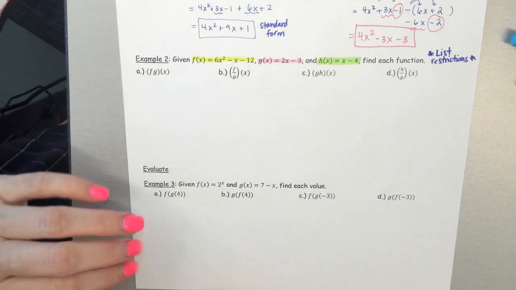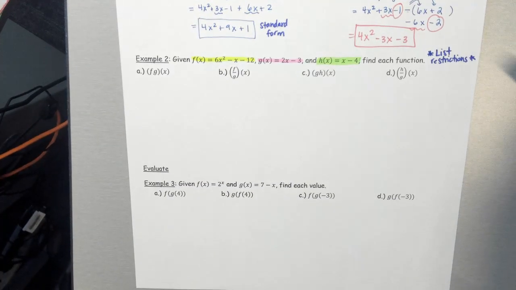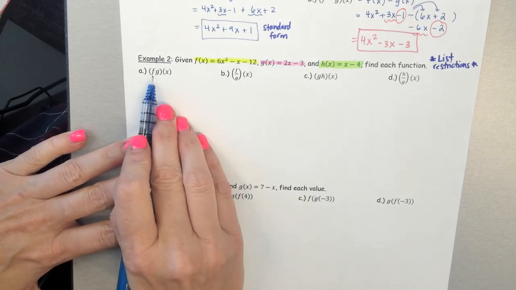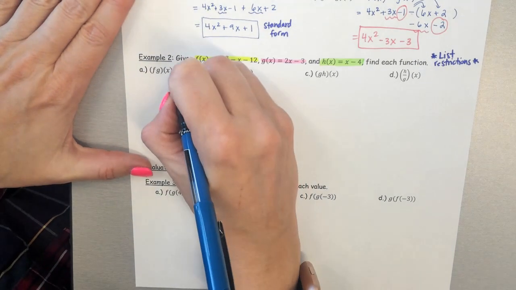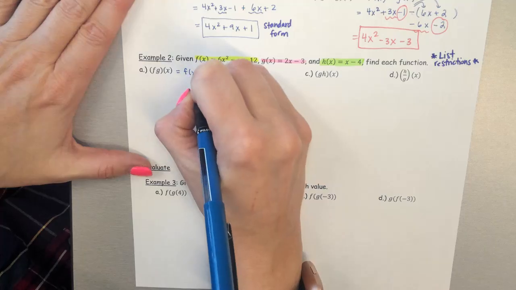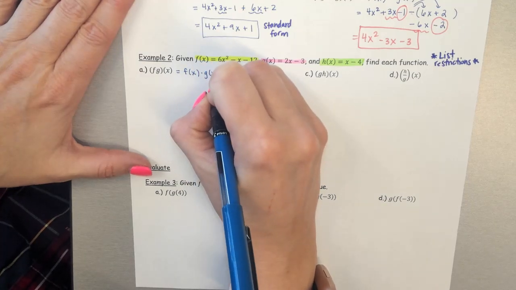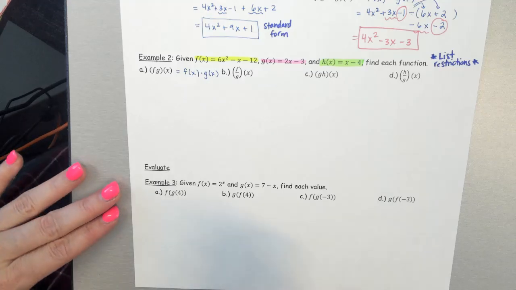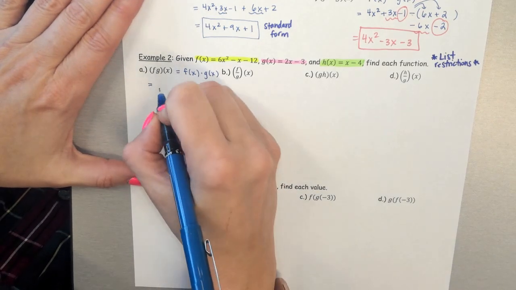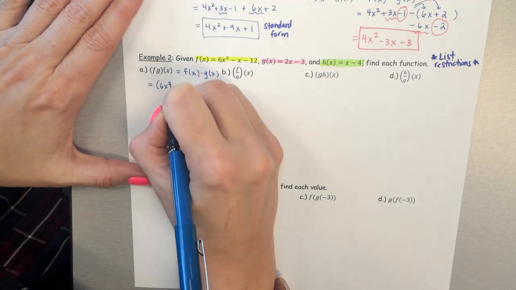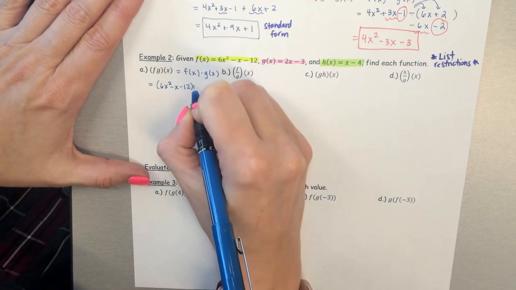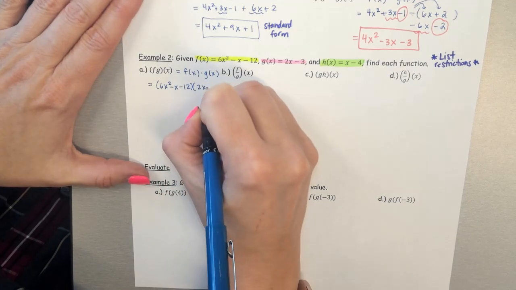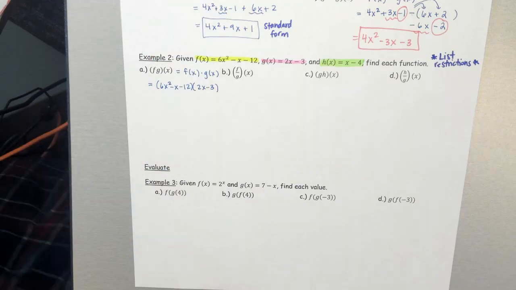For the first one, fg just means you are going to multiply them together, so f of x times g of x. For this one, your f of x is a trinomial, g of x is a binomial, so you are going to have to distribute.